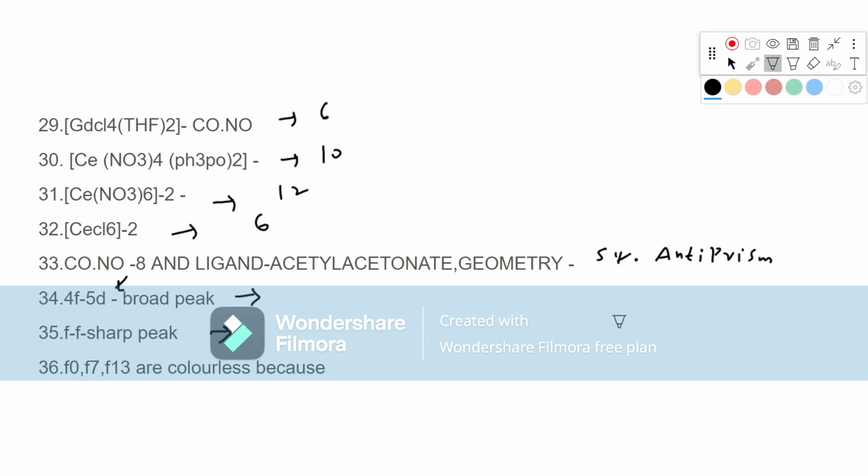Due to vibronic coupling and Jahn-Teller distortion. But in f to f there is no interaction with ligand because 4f is deeply buried. Why are these sharp peaks? Because 4f is deeply buried.